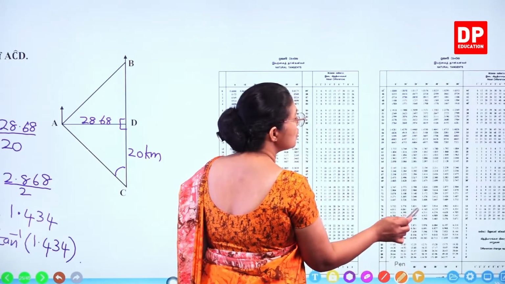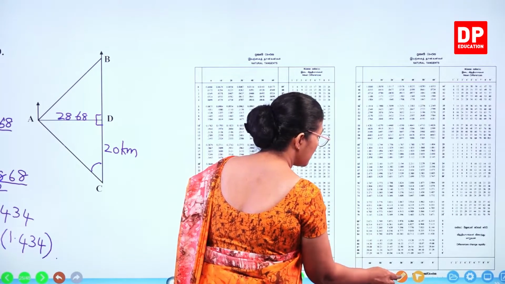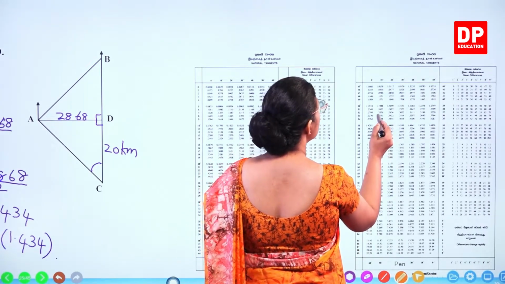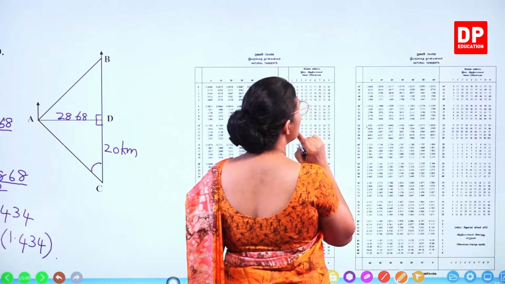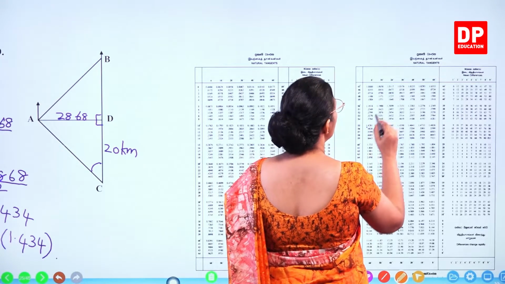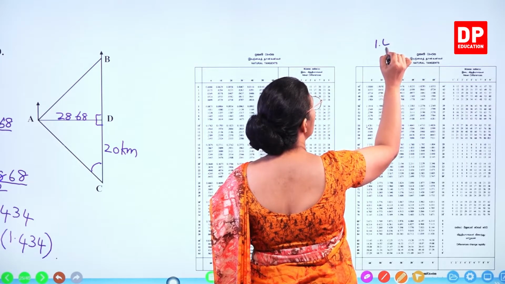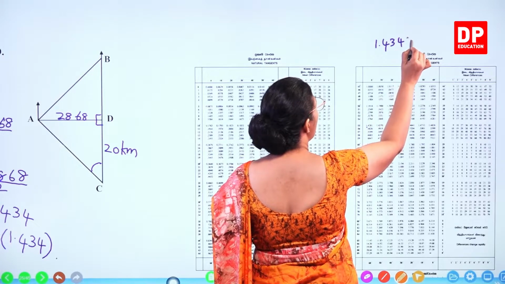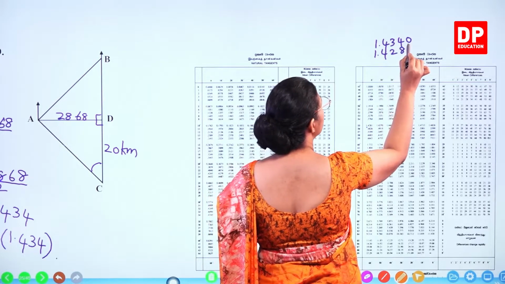So we have to take 43. This one 1.4281, this one 55 degrees 0 minutes. So how much more do we need? 1.434 minus 1.4281.